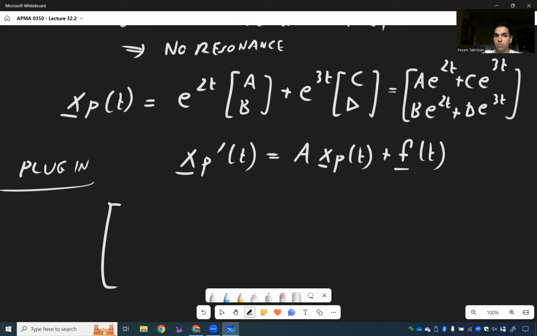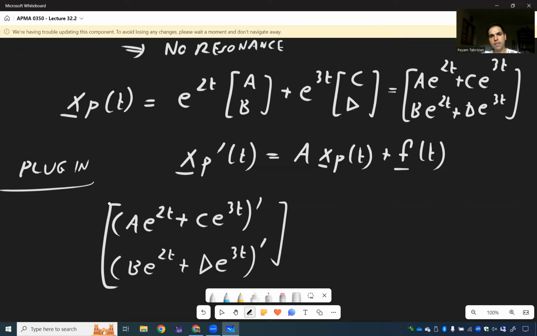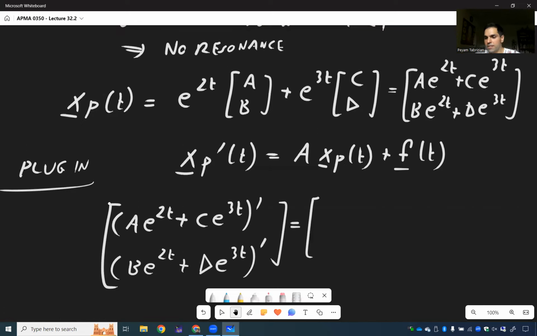Okay, so xp prime, that's the derivative of this. So (a e^(2t) plus c e^(3t)) prime, and then (b e^(2t) plus d e^(3t)) prime equals A times xp plus f.